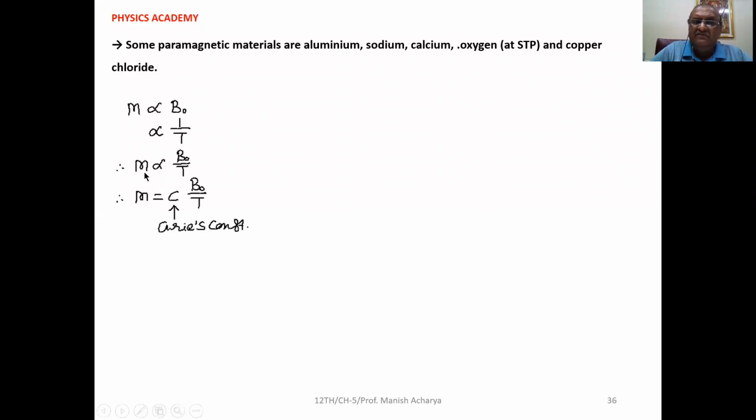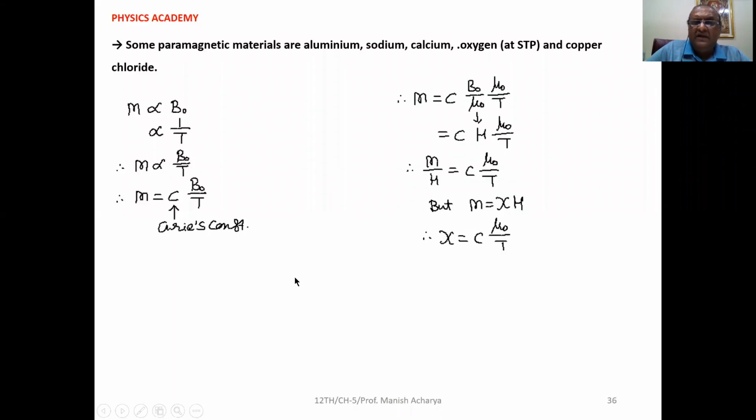So resultantly, we can write M, the magnetization, proportional to B0 by T. So we can write M equals C B0 by T, where C is Curie's constant, named after the scientist who experimentally studied all these things.